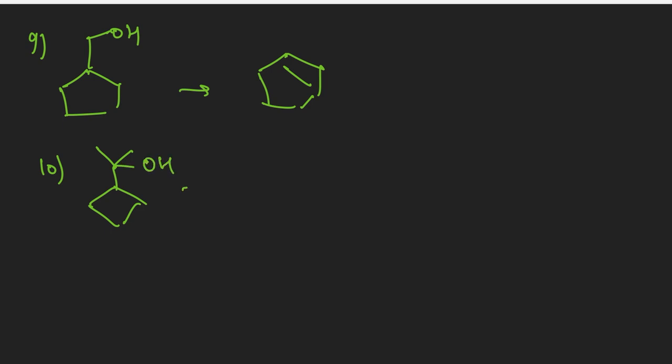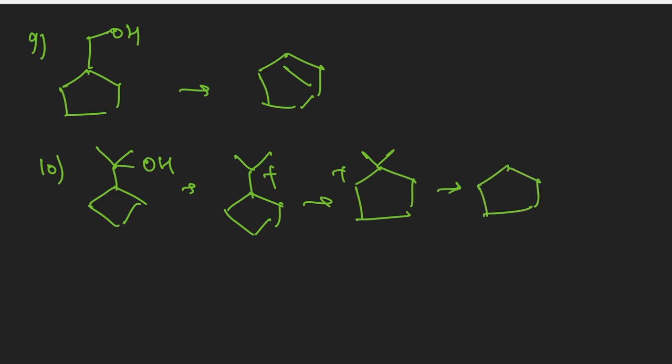Actually the carbocation will come here. The ring will expand. This will rearrange and this will form 2 products. This is major and this is minor.